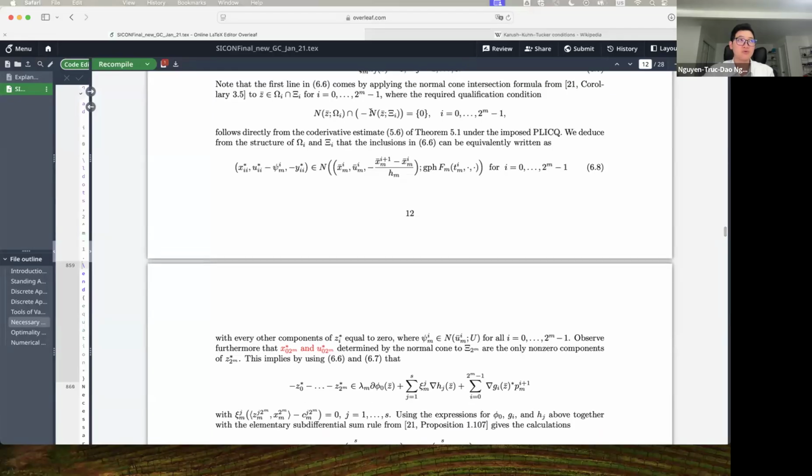When we wrote the original paper, it took about one or two pages to verify this one. But for publication in SIAM, the page limit is 30 pages, so Boris removed all the proofs for those parts and just mentioned that it is verified.